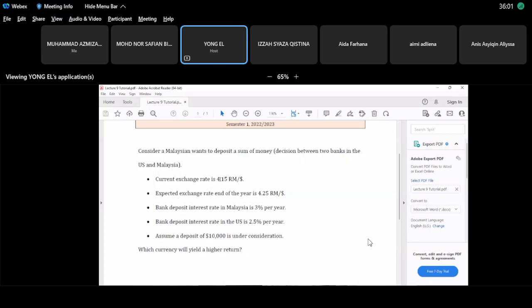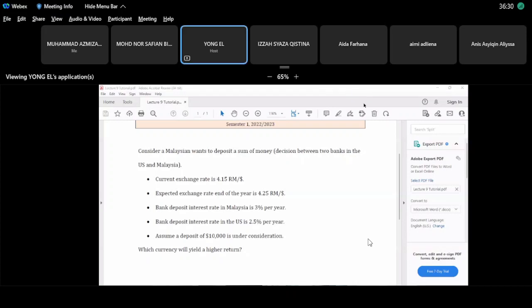Can I ask you guys, this currency quotation, is this a direct or indirect quotation? Can anyone tell me? You can also type if you want.